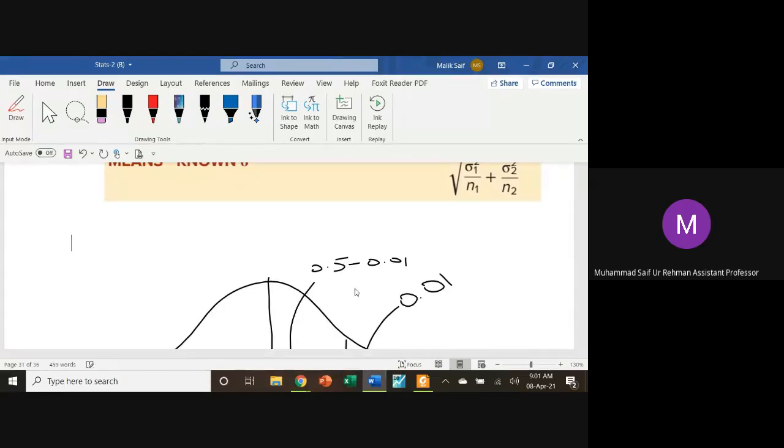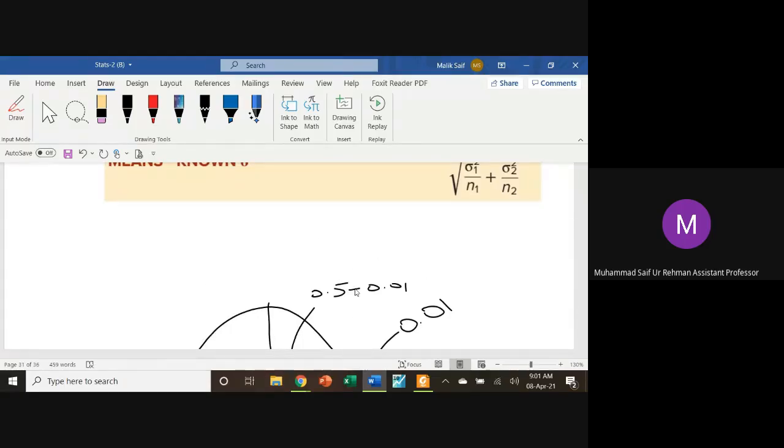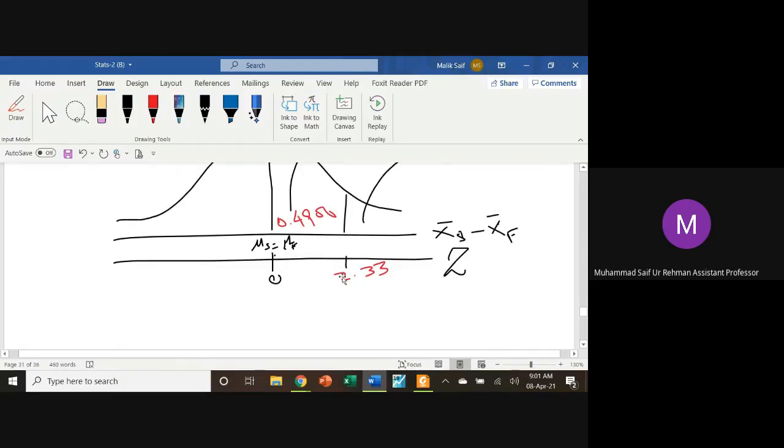Okay, let me write down this statement over here, but you have to write down the statement under the graph. So you will write down over here: this is the tabulated value, the z tabulated value.